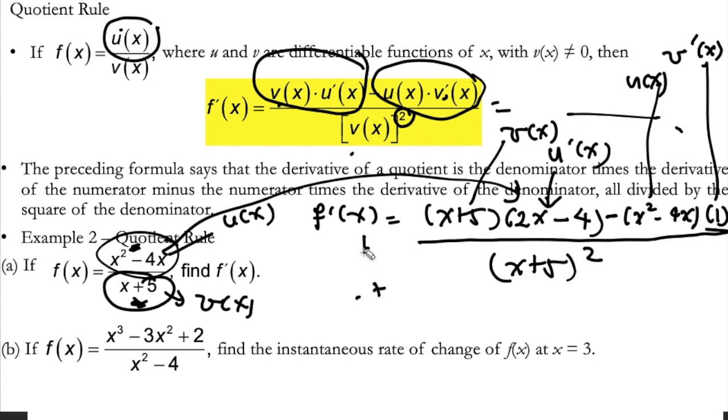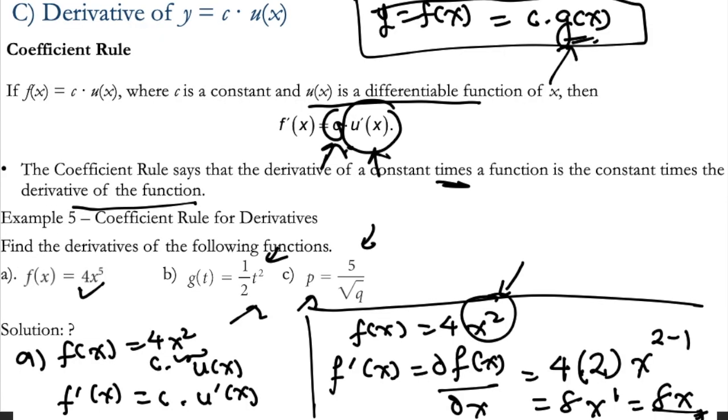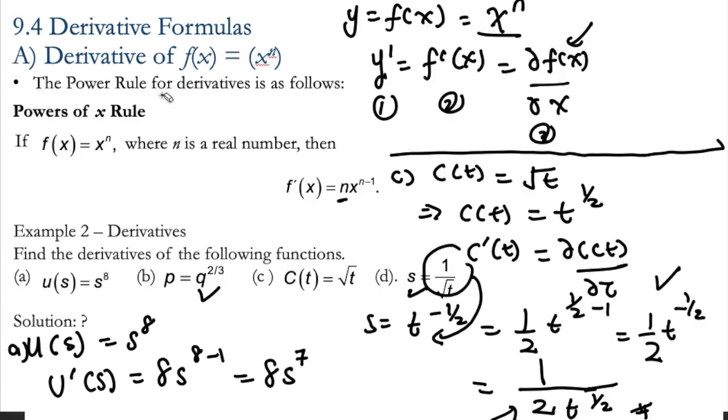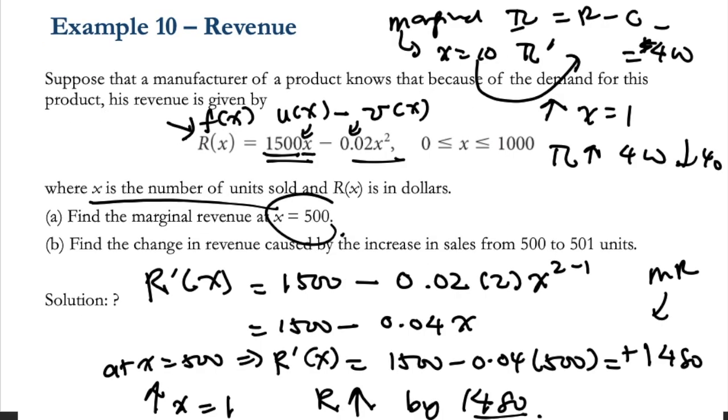Now, how do I know that when I differentiate x it becomes 1, and when I differentiate 5 it becomes 0? Let's go back to the previous rules that we have done. You have the coefficient rule, you have the constant rule. For 5, I use the constant rule. For x, I use the power rule.